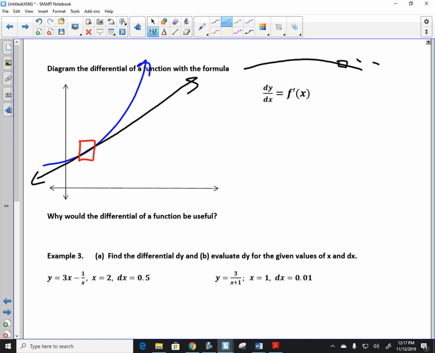The other one is to use what we call differentials. We say that dy over dx equals f prime of x. If I multiply both sides by dx, I get dy is equal to f prime of x dx. What that means is the change in y will be approximately the derivative times the change in x.